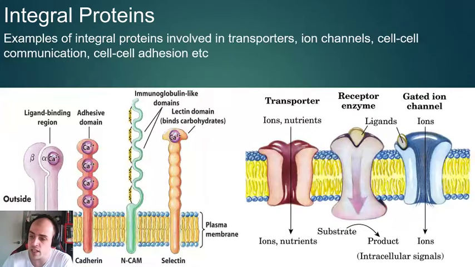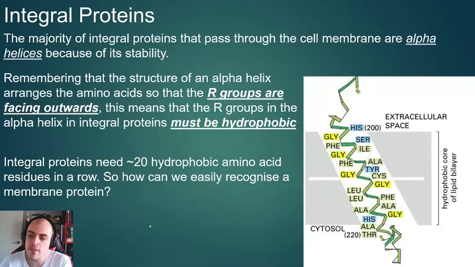In the case of an integral protein, as it's going through this lipid bilayer, the helical structure passing through needs to interact with these hydrophobic fatty acid tails. And that's exactly what we see here.